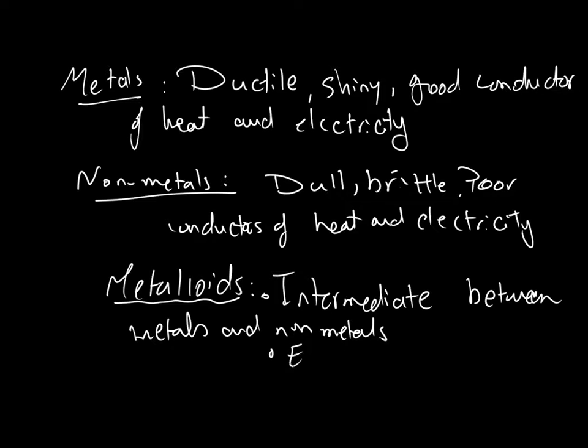They have electric conductivity, but it is intermediate between the metals and nonmetals. And that's why the metalloids are used in transistors, in silicon chips, in mobile phones, and in some other equipment.